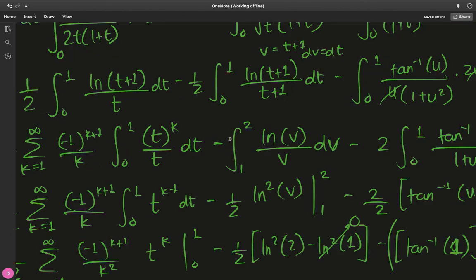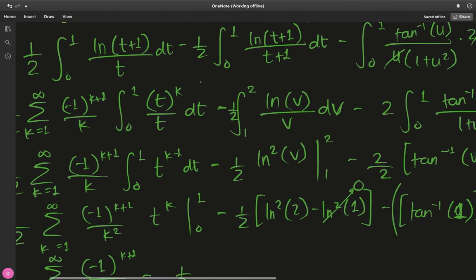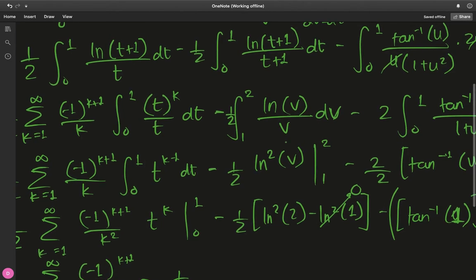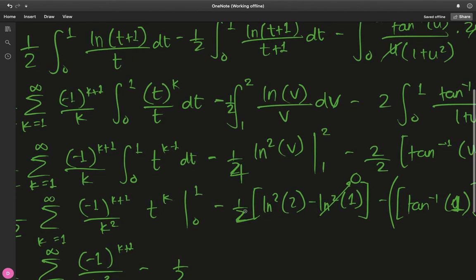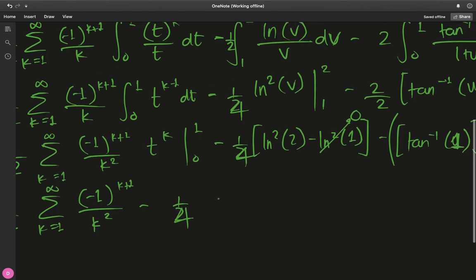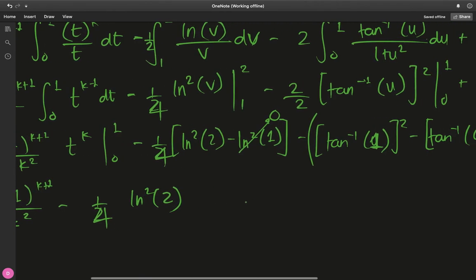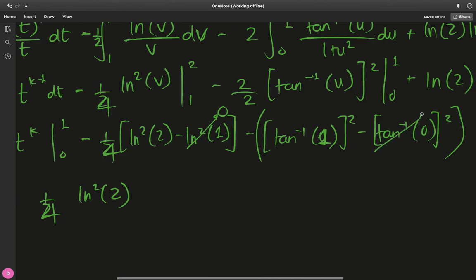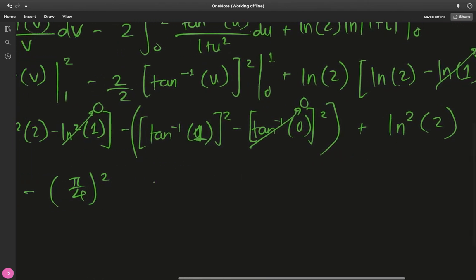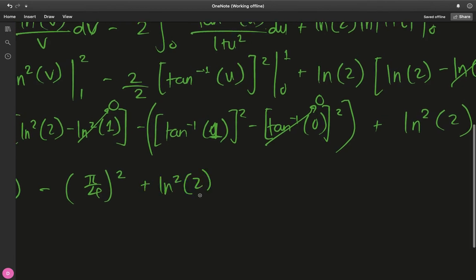My apologies, there was actually a factor of 1 over 2 here, so 1 over 2 times another 1 over 2 by the power rule will make it a 1 over 4 everywhere, so 1 over 4 times the natural log squared of 2, and then inverse tangent of 0 squared again is also 0, and we have minus inverse tangent of 1, which is pi over 4, but the whole thing squared, and we just have a simple natural log squared of 2 on this side.